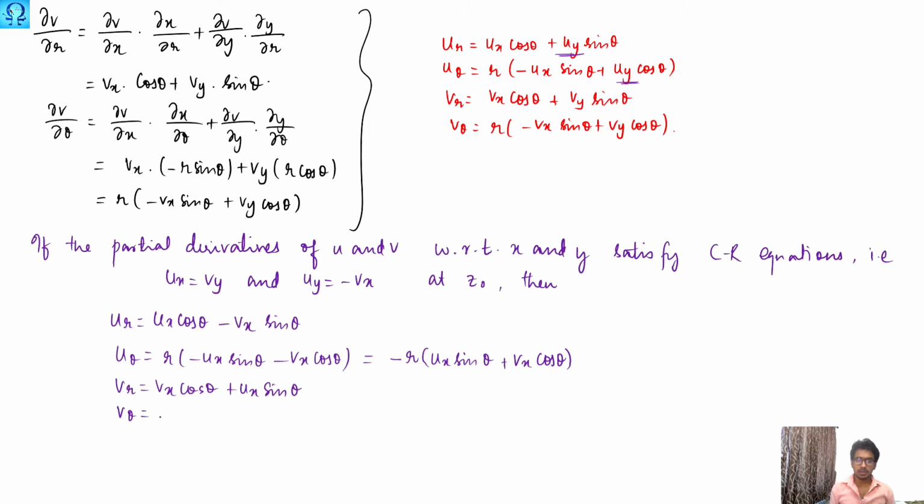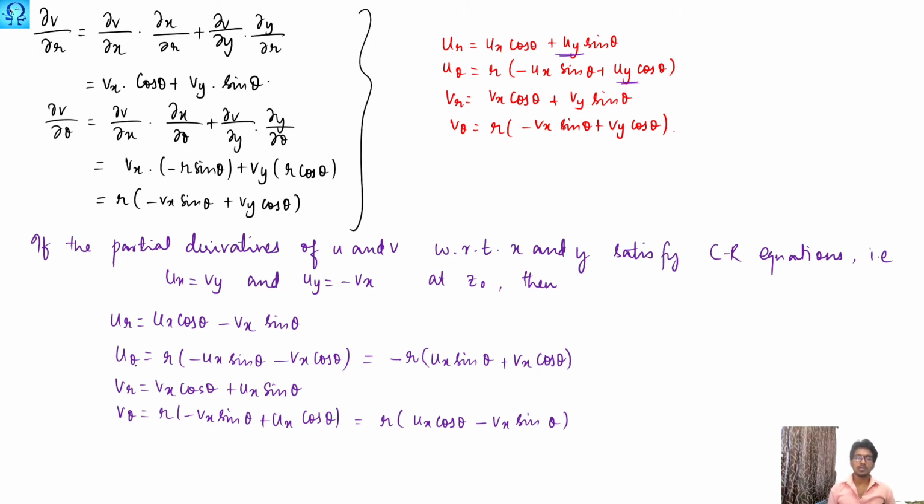And v theta may be written as r multiplied with minus vx sine theta, and vy is ux, right? So plus ux cosine theta. So this may be written as r multiplied with ux cosine theta minus vx sine theta, right? So only these things we have.